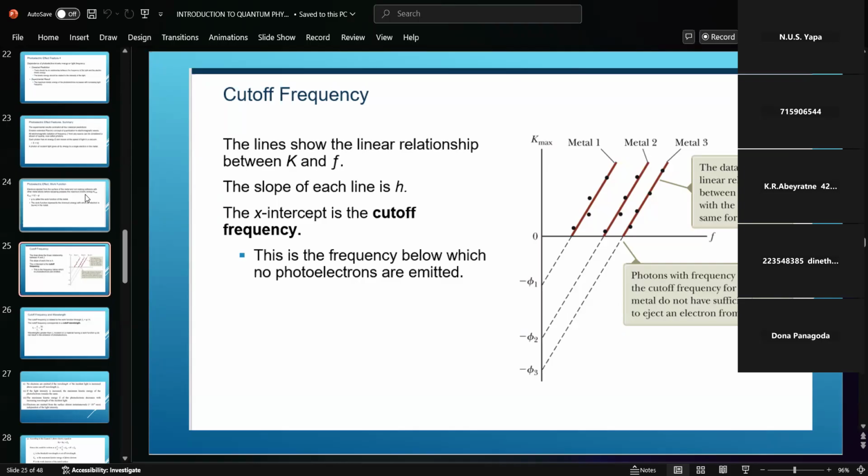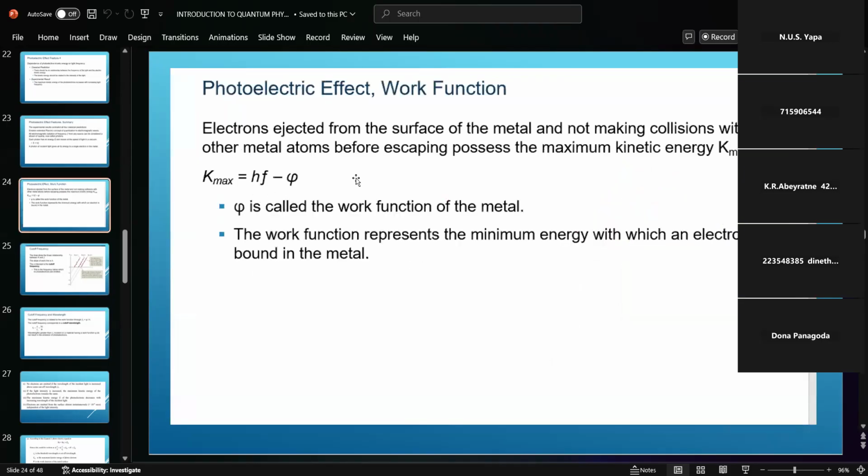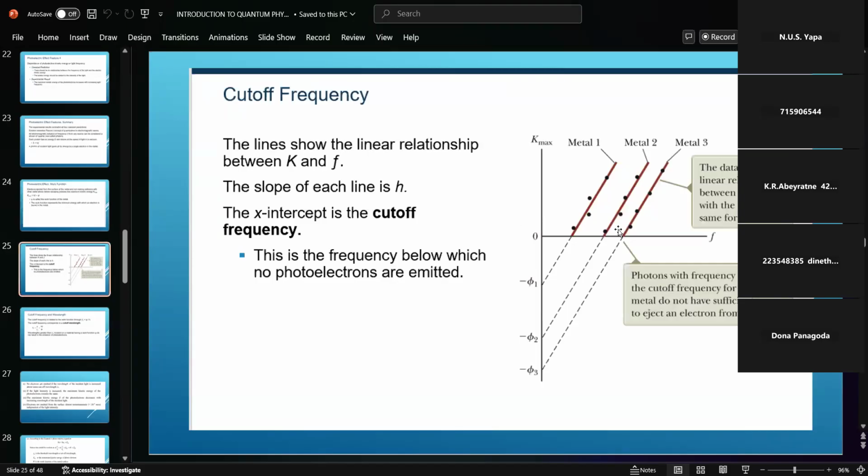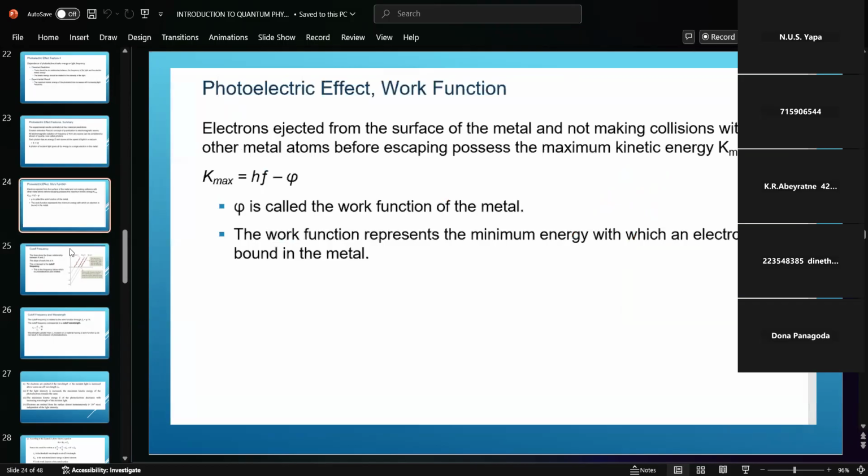The graph is K max equals hf minus psi. It is related to y equals mx minus c, right? Why are these different lines parallel to each other? Hmm? Why? See this equation and you can answer.